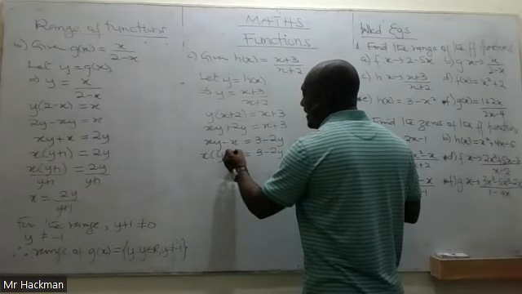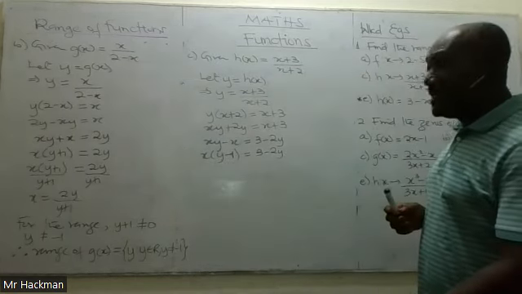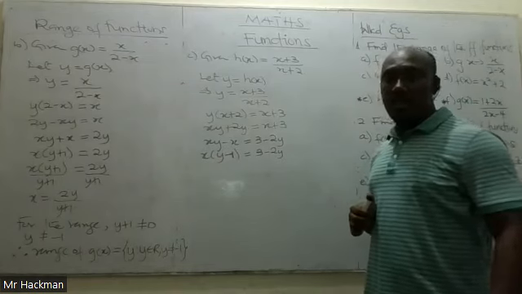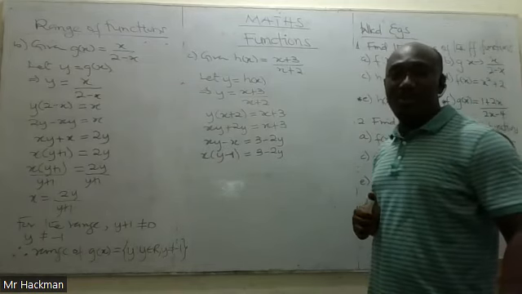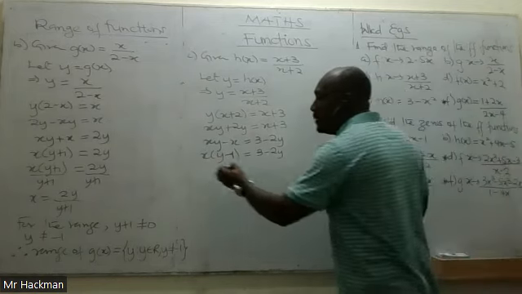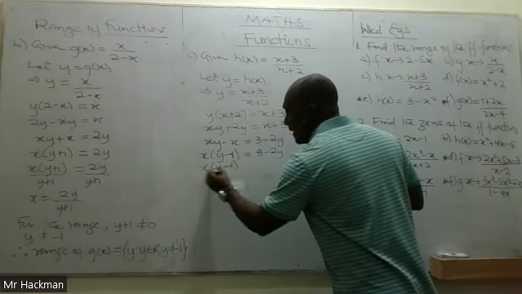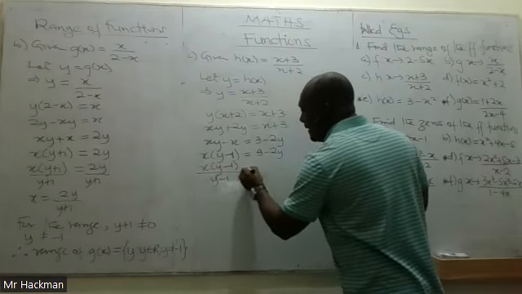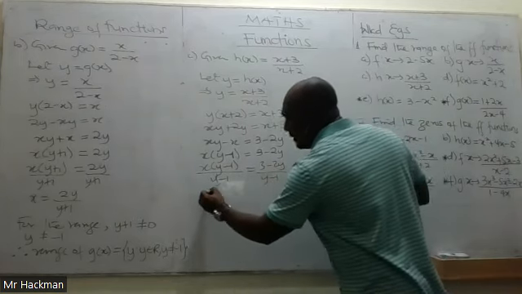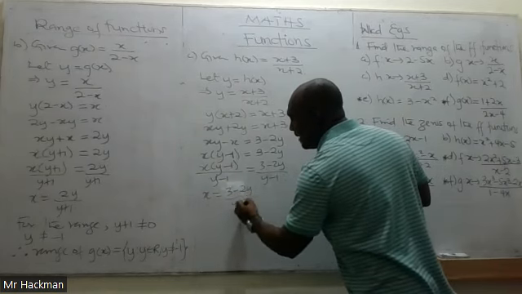You equally learn from my mistake, especially when it is trivial, that it can happen to you. Then divide by y plus 1. So you get x to be equal to 3 minus 2y over y plus 1.